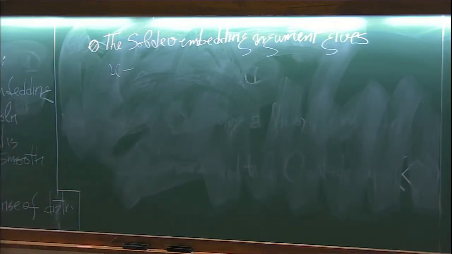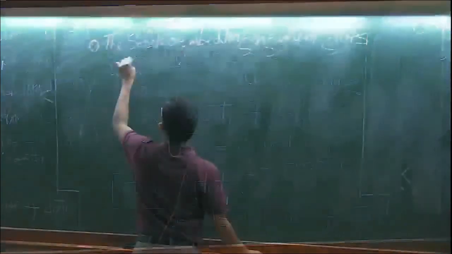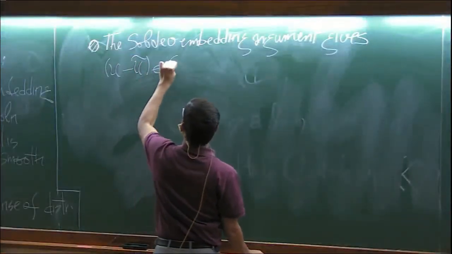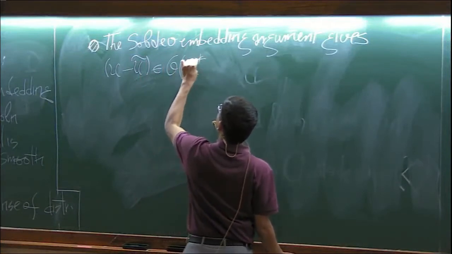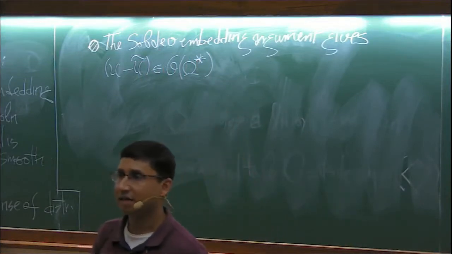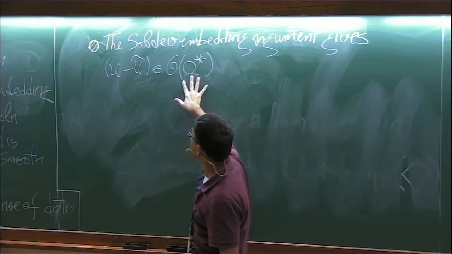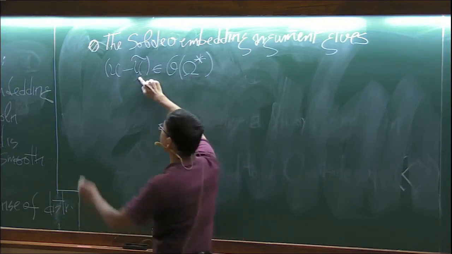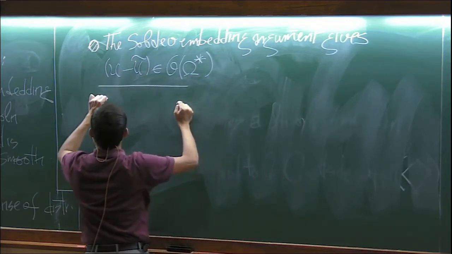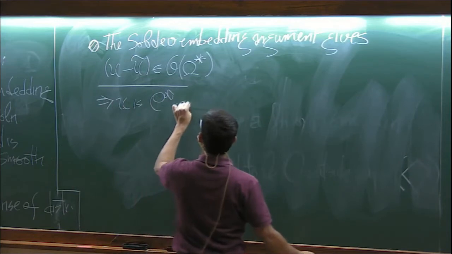If I have a measurable function that is annihilated in the sense of distributions by d bar, then it is forced to be holomorphic. So U minus U tilde is holomorphic in omega star. Now this is C infinity smooth in omega star, and this is a C infinity smooth solution. So all of this implies that U is C infinity smooth.